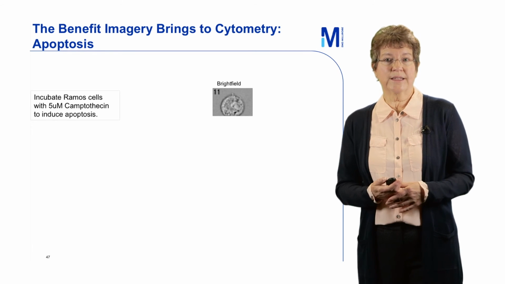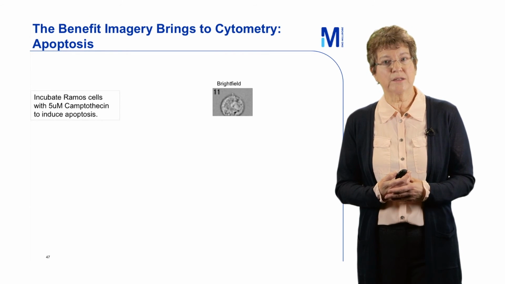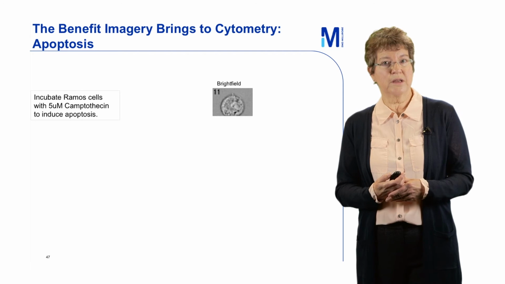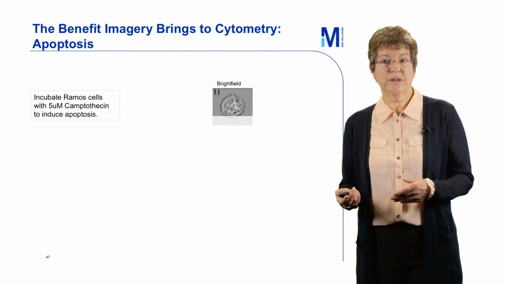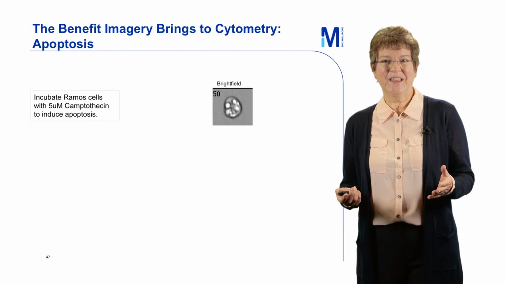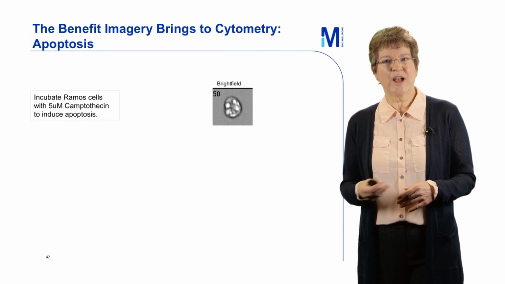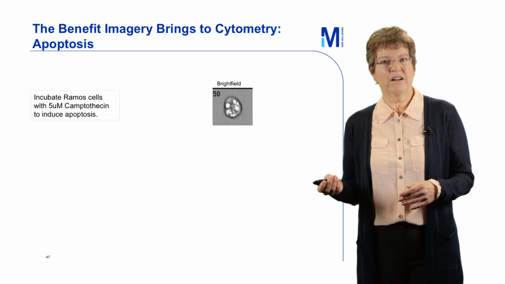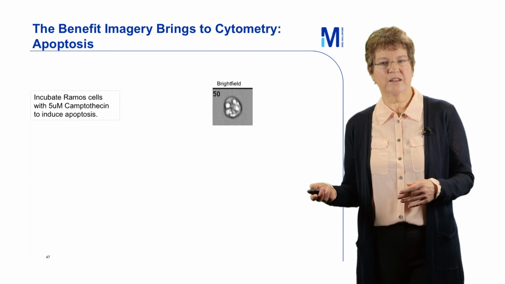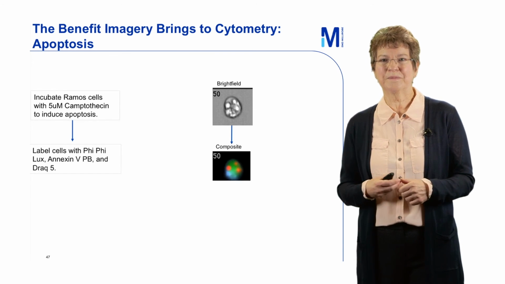In this example, we incubated Ramos cells with 5 micromolar camptothecin, which induces apoptosis. It's a very large dose. This is an example of the bright field image, and you'll notice that the contrast is very high on a cell that is apoptotic, which I'll come back to in a minute.